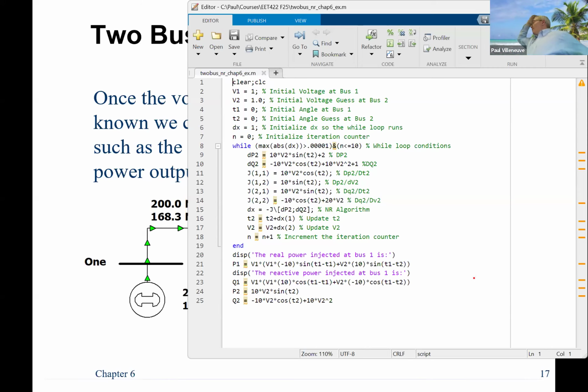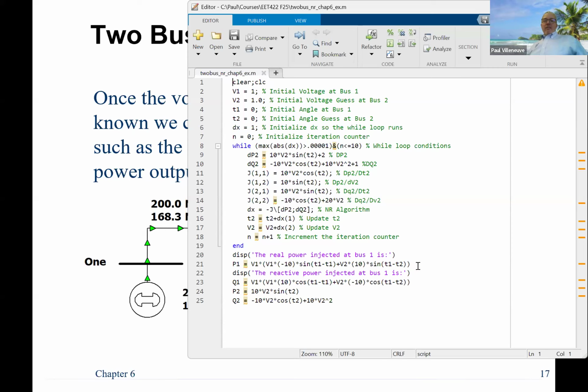So I just assume I'm going to run through and check it out. Here's my Jacobian with the numbers. I calculate delta x, negative J raised to the negative 1 times my f of x equations. I update my theta 2 and my V2, not theta 1 and V1 because those aren't changing. Increment and then rinse and repeat until I'm all done.